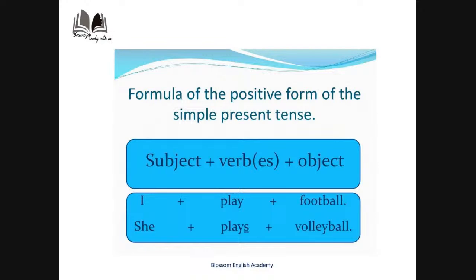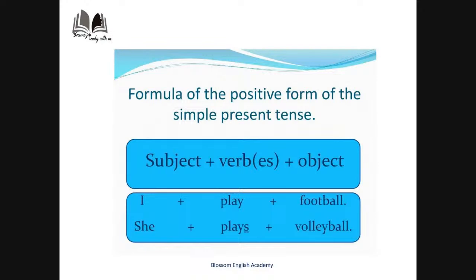If the subject is a singular noun or pronoun, then you would be adding an S, or sometimes, depending on the verb, you will be adding an ES to the verb. So here the subject is he, she, it. If it is a he, she, it, or singular noun, then you'd be adding an S to the verb.